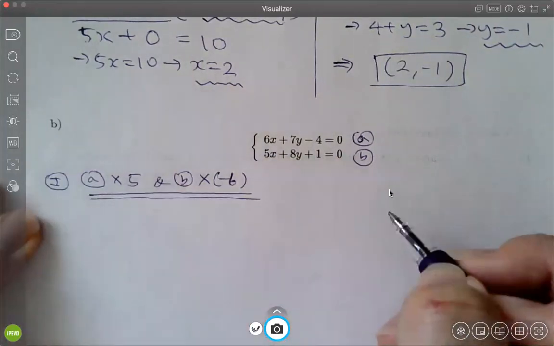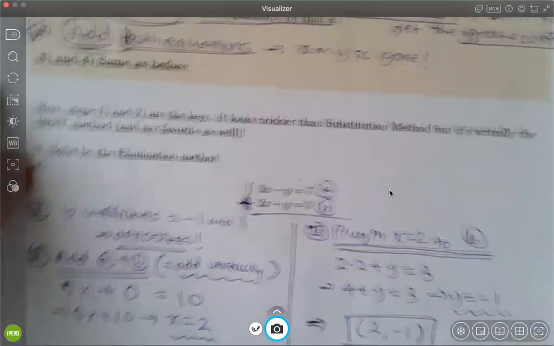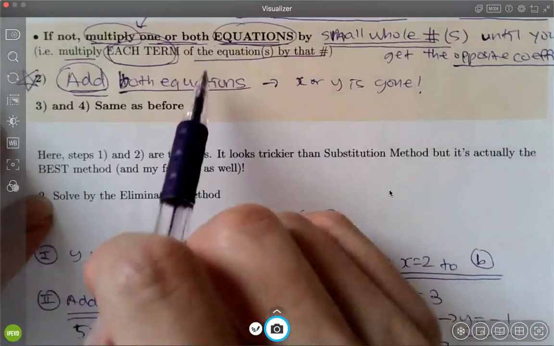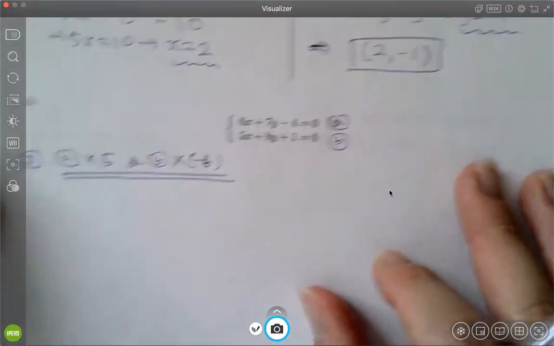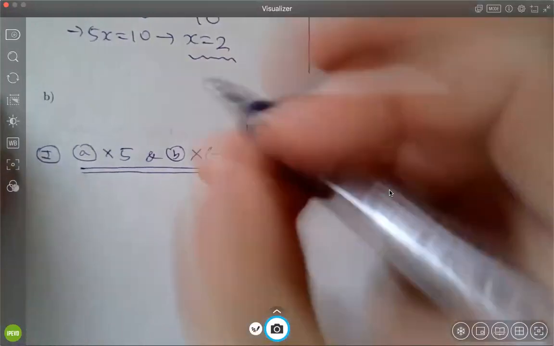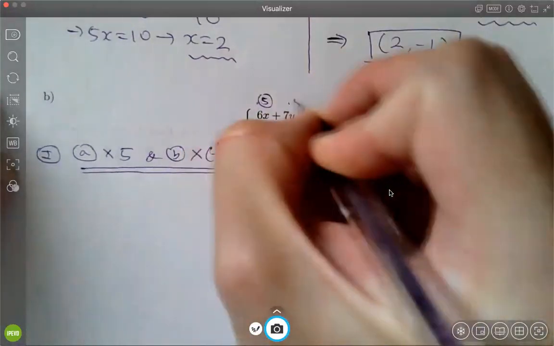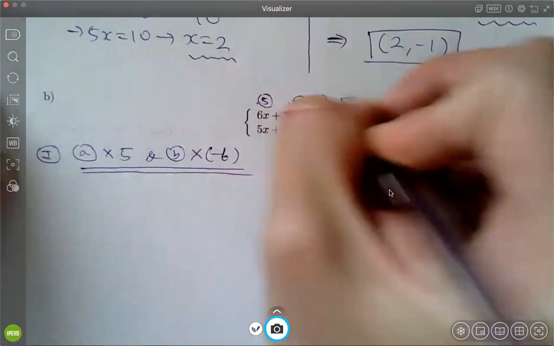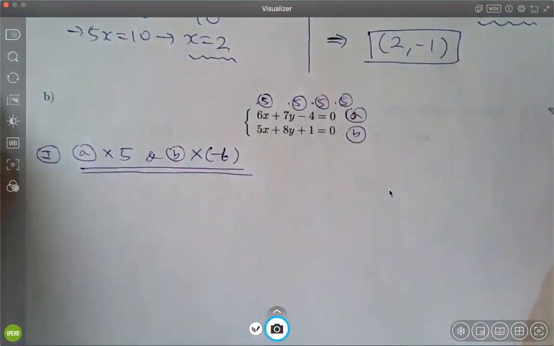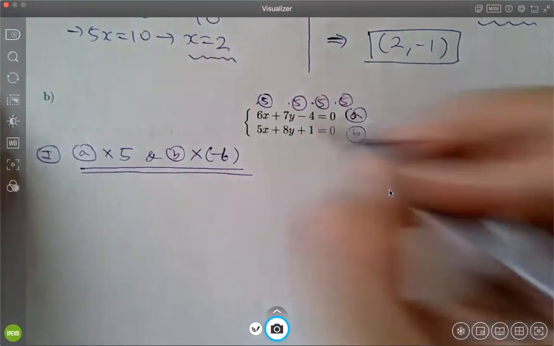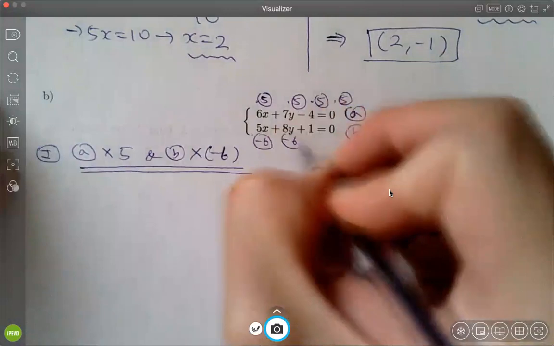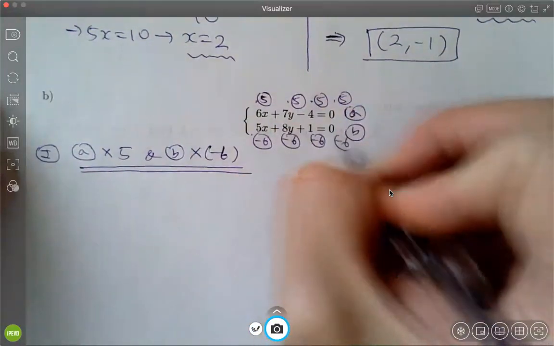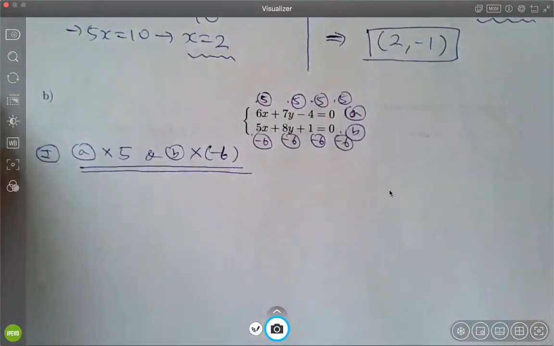Let's see. Remember, when you multiply an equation by a number, you are multiplying the number to each term. So if you chose to multiply 5 to A, you are doing times 5, times 5, times 5 like this, including the ones on the right-hand side. And if you chose to multiply -6 to B, you are doing times -6 four times, because there are 4 numbers here, 1, 2, 3, 4.